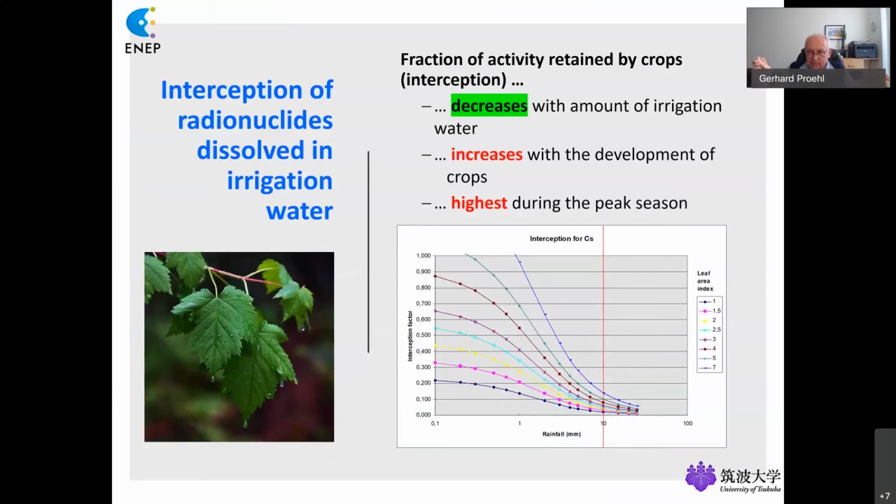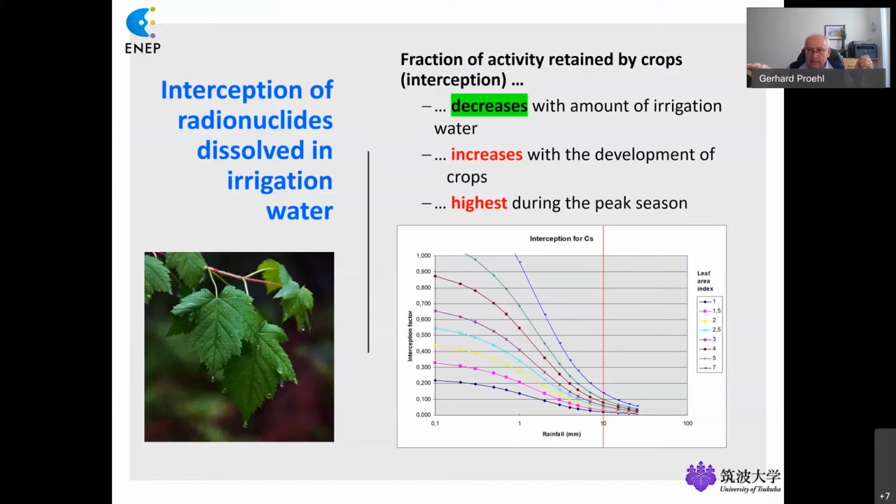In general, the fraction of radioactivity retained by crops decreases with the amount of irrigation water. The storage capacity of the plants, of the canopies, is limited, and after long rainfalls, only a fraction can be retained. It could be very well observed also after both the Fukushima accident and the Chernobyl accident.